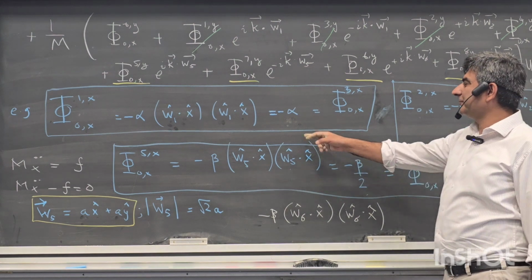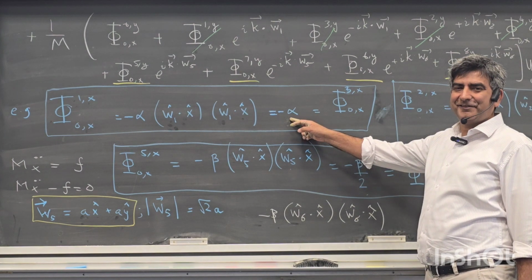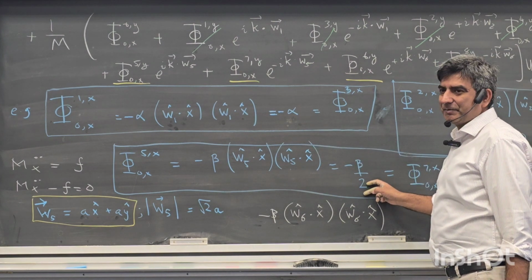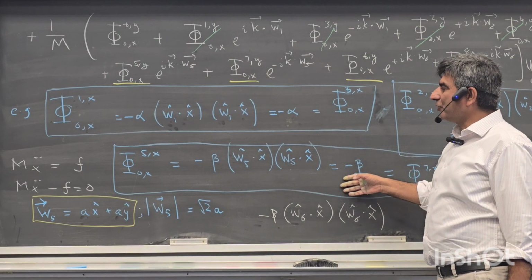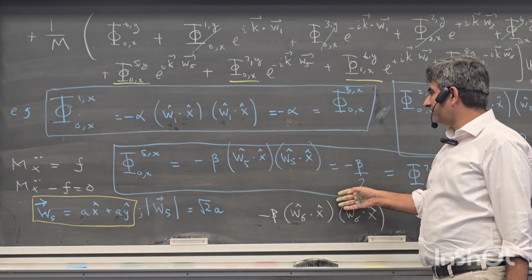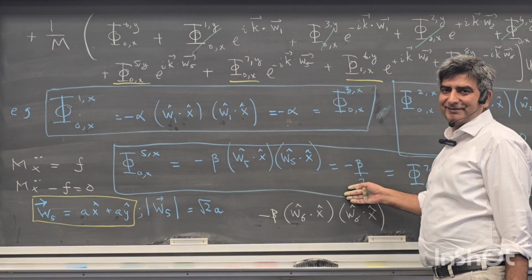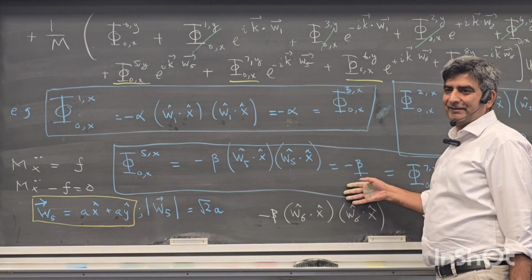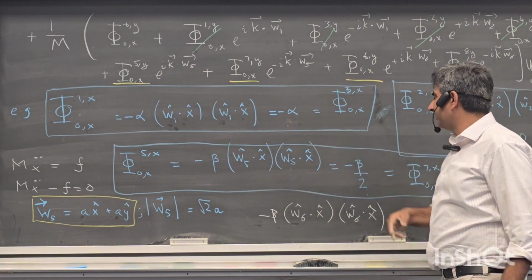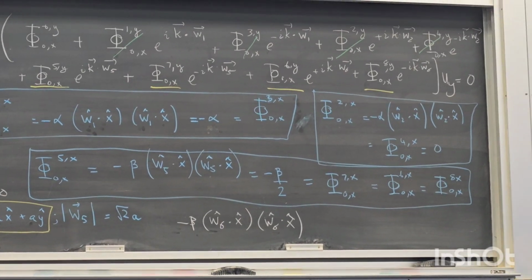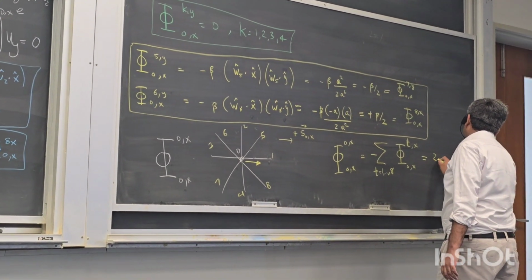So there are 2 terms with alpha and there are 4 terms with beta over 2. So the sum of all of these terms will be 2 alpha plus 2 beta with minus sign. So this will give me 2 times alpha plus beta.